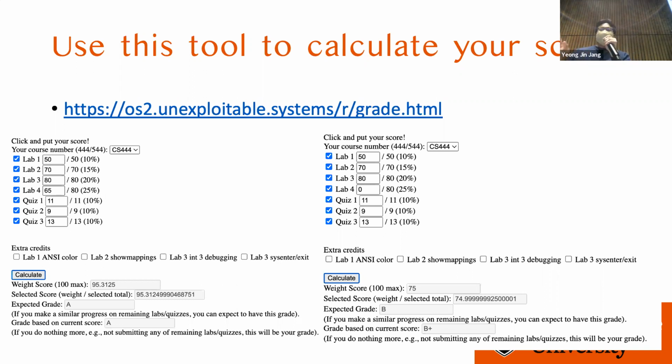The most important thing is not the score, but what you learn from this class. Even if you cannot get a high score on lab 4, it's okay, but please try. Even if you get 0, you can still secure B. I would like to have that kind of safe zone, so please challenge and try.